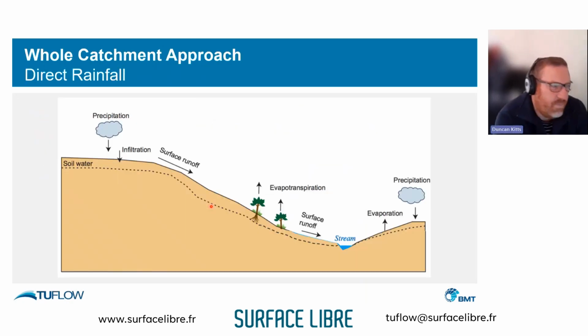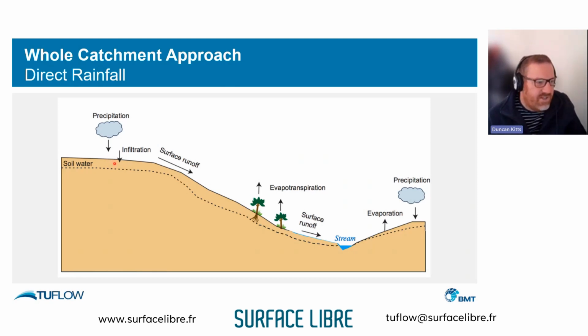This is where we consider what actually is represented with direct rainfall. We've got precipitation in the form of rainfall being applied to our surface. We have infiltration. Within the subsurface, we track a soil water level. Once that soil water level reaches our 2D elevation, no further infiltration can occur. It's considered saturated.